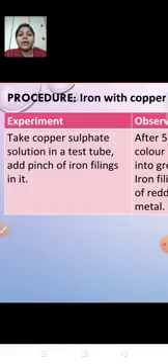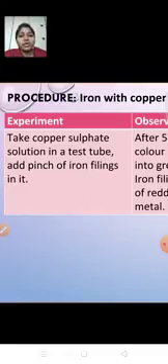So let us start with the first reaction, that is iron with copper sulfate solution in water. Okay, so let's see first what we will do. We will take some copper sulfate solution in a test tube. Now this copper sulfate solution is blue in color.